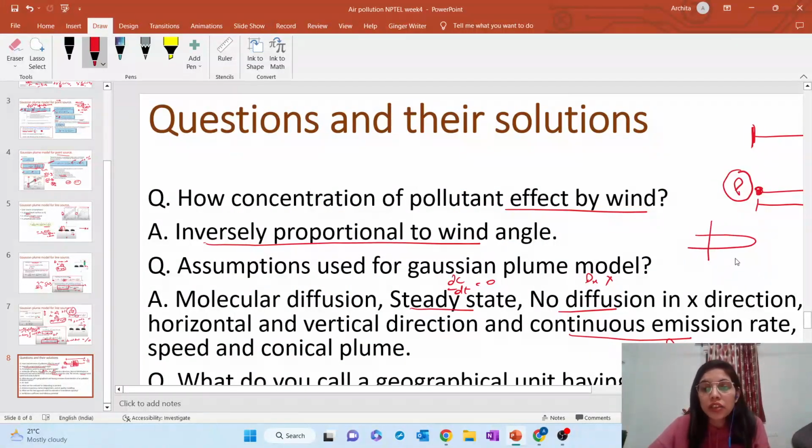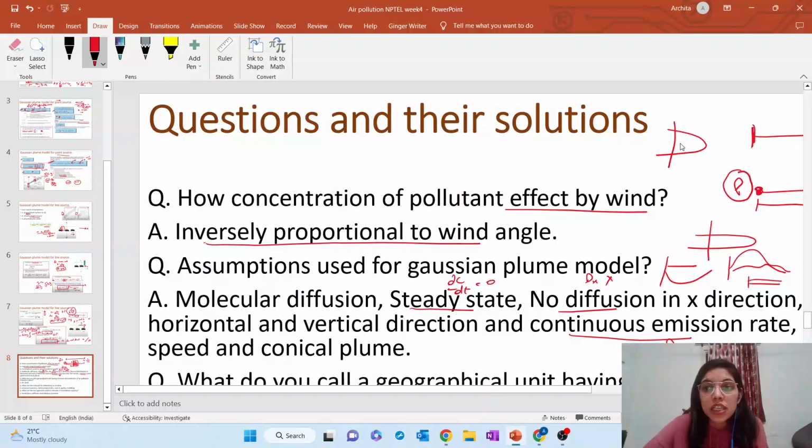Okay, but we have seen in previous lectures also that the plume can behave differently. It can be like this, it can be almost flat, it can be like this. So the plume does not behave in the same way, but in this Gaussian plume model we consider that the plume has a normal distribution.